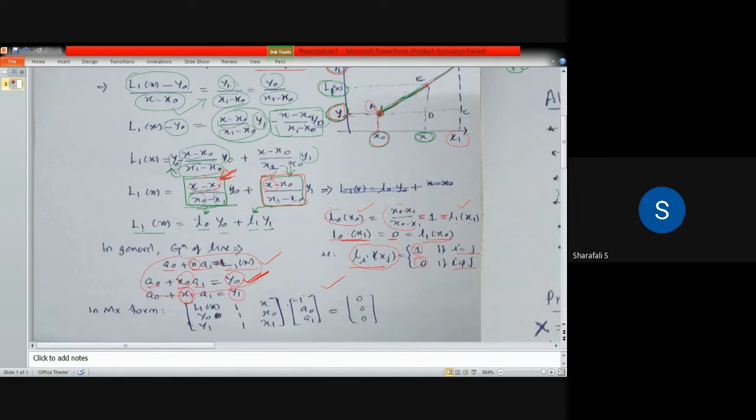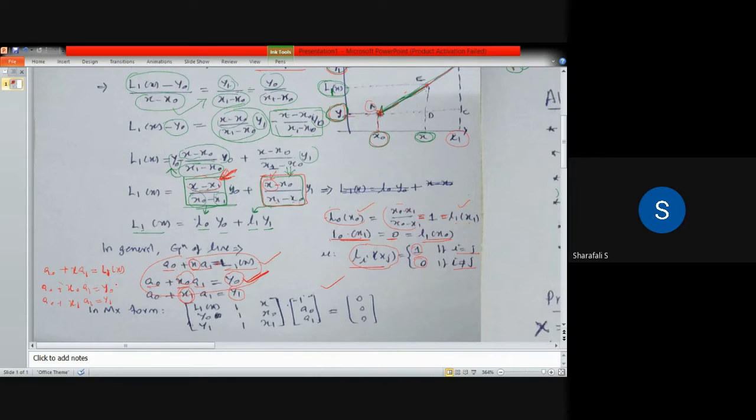This is simply the straight line equation. We have a constant a0 plus some x value into a1, and that will be equal to some y value. That is nothing but L1 of x in this case, because we are considering the order of the polynomial as 1. If you consider the other two points, then we can write a0 plus x0 times a1 equal to y0, and a0 plus x1, the second value of x, into a1, equal to y1.